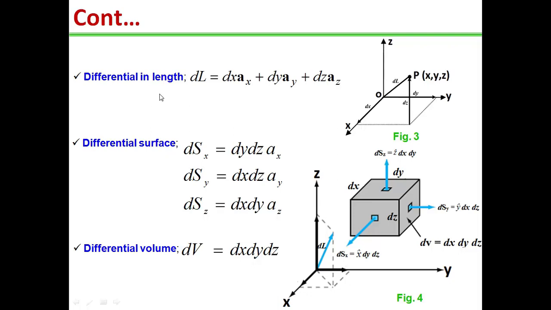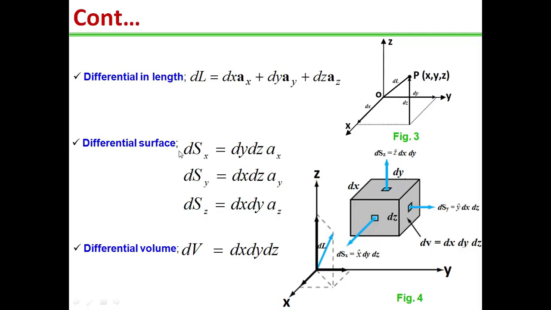Differential length is given by dl equals dx ax plus dy ay plus dz az, where dx is the differential length along the x-axis, dy along the y-axis and dz along the z-axis, whereas ax, ay and az are the unit vectors along the x, y and z axes. So point P with respect to the origin is given as P(x, y, z) and the differential length is dl.